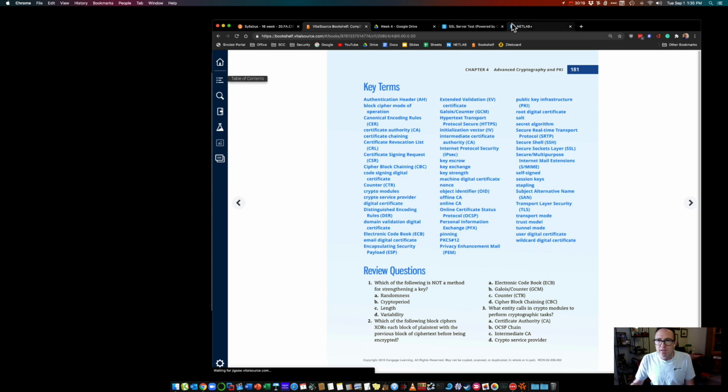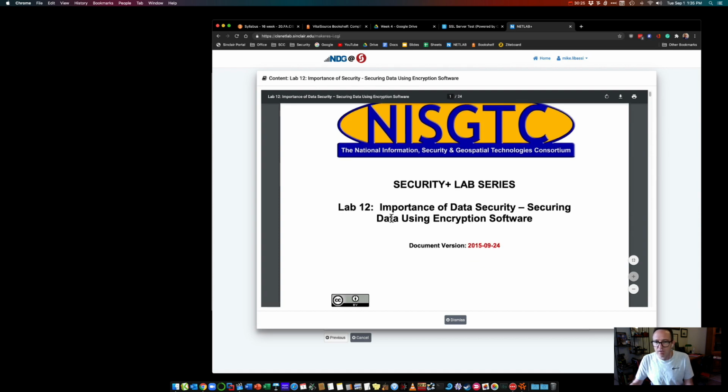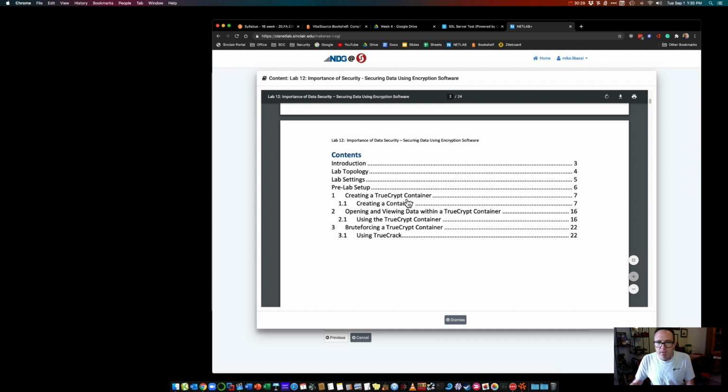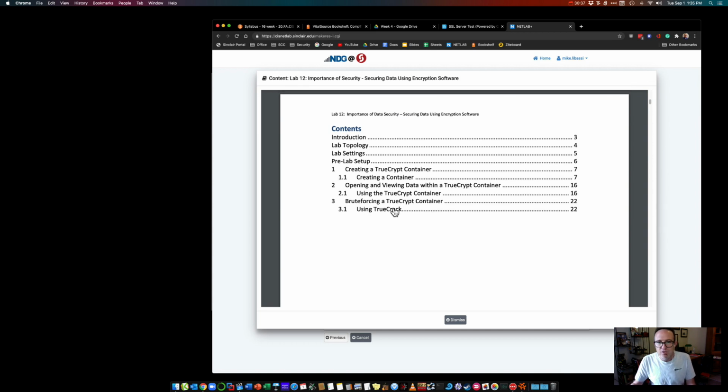And the lab for this week, at the time of this recording, the NETLAB itself is looking at the importance of data security and using encryption software. You can look at a TrueCrypt container, and you're actually going to crack that, I believe, and look at the danger of having a weak key using TrueCrack.